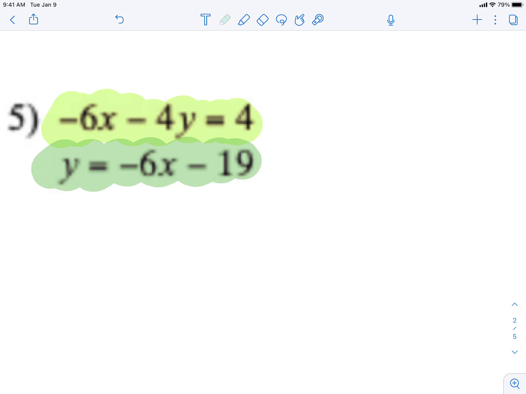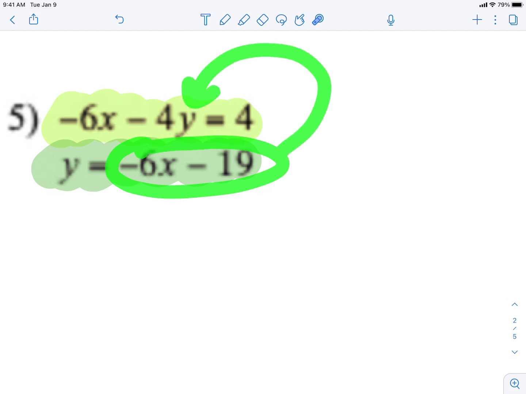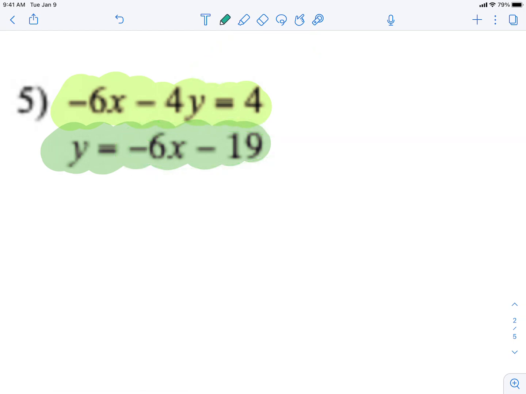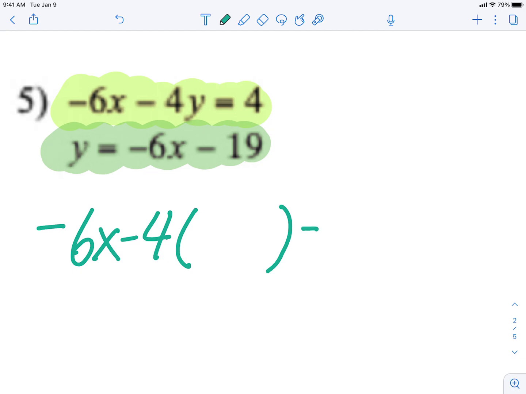So my dark green already has y equals, so I'm going to plug that into right there. So I'm going to rewrite my light green. Negative 6x minus 4. Remember, leave a big parentheses to plug in those two terms.